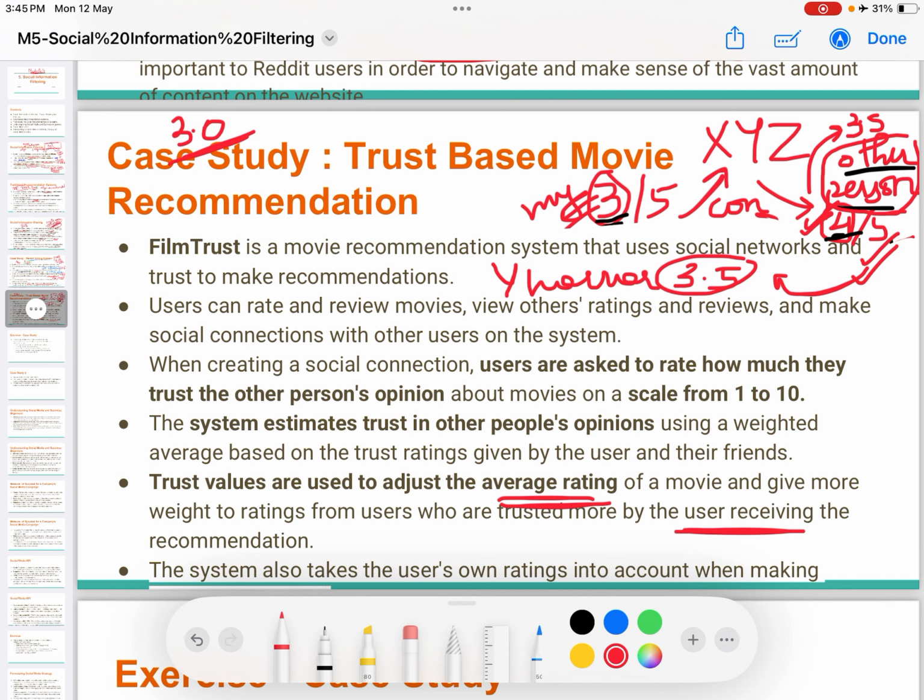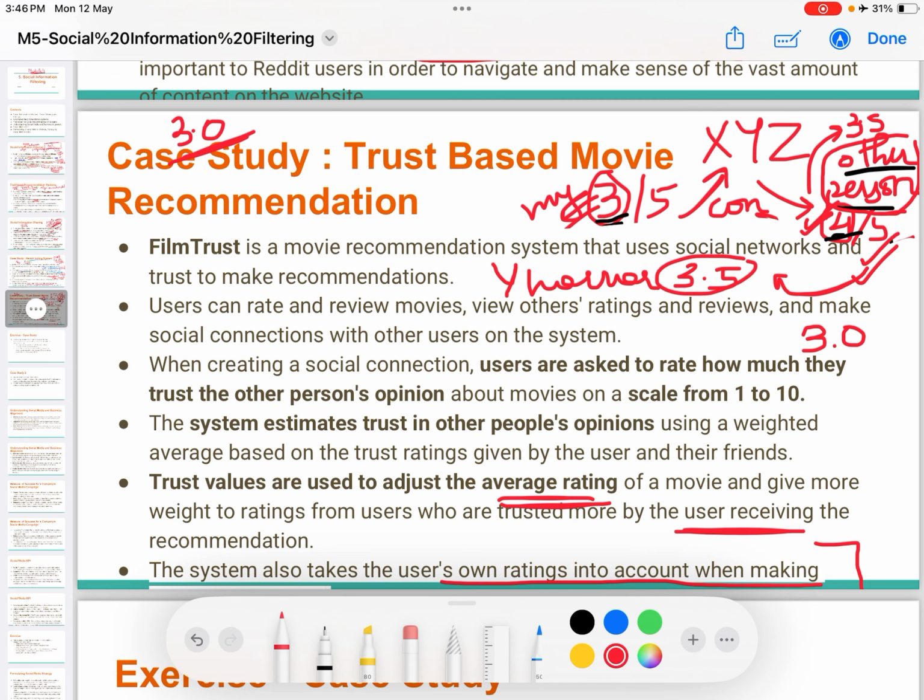The system also takes the user's own ratings into account when making recommendations. So my own rating also will be taken into account. For example, I am giving a rating of say 3.